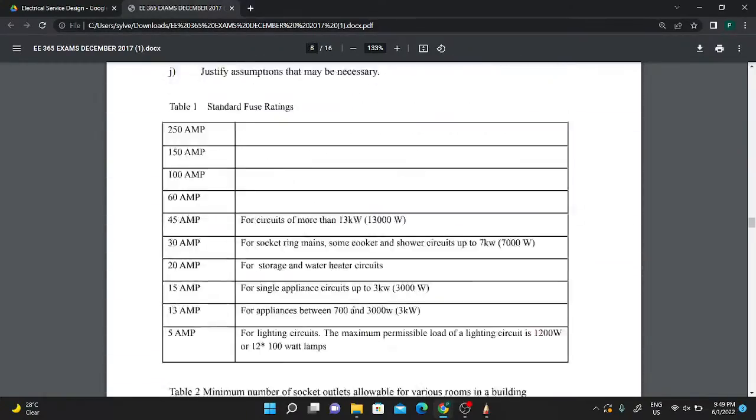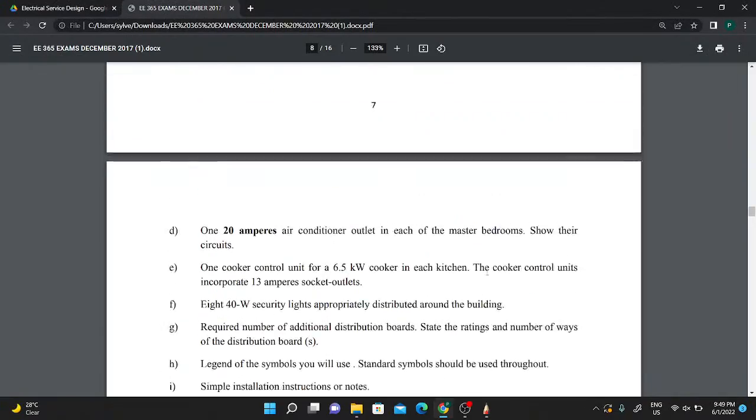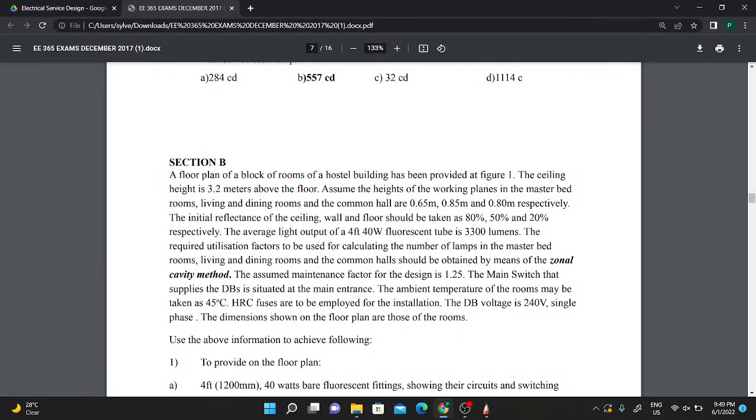Alright, so let's start with section B, where most of the marks are. A floor plan of a block of rooms.